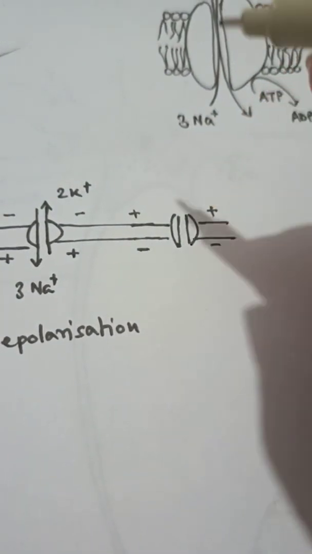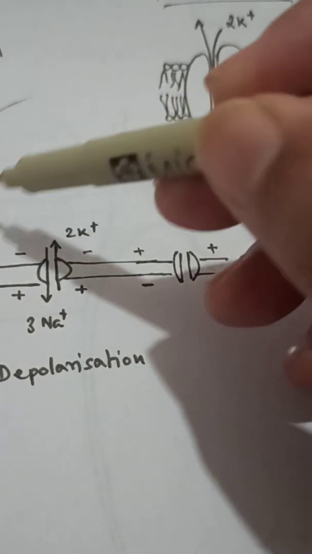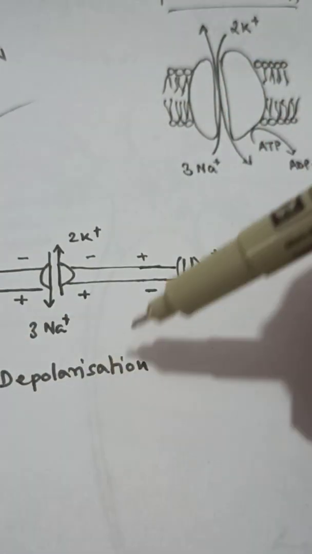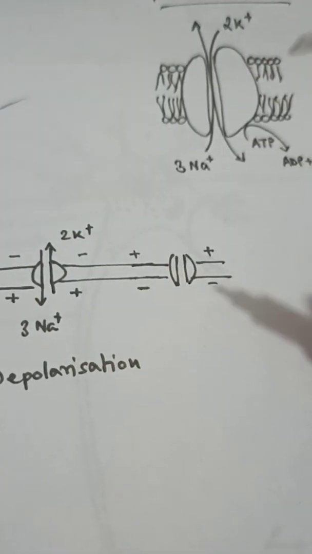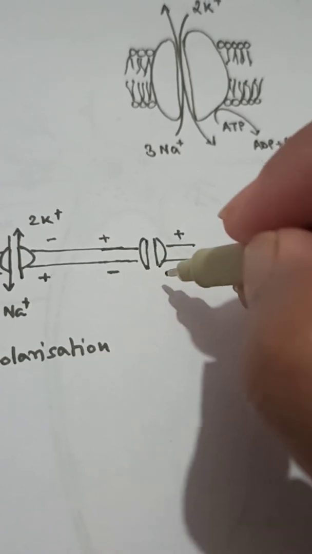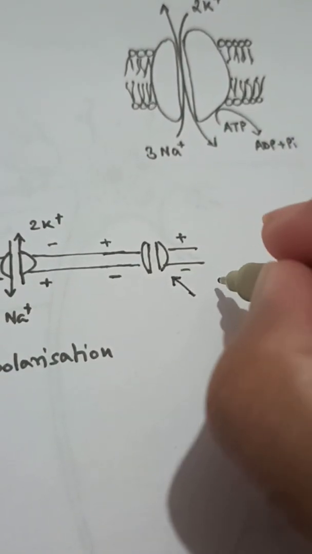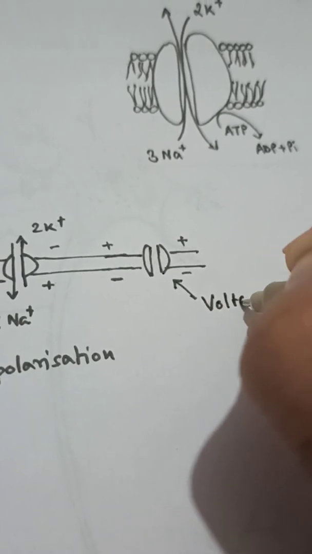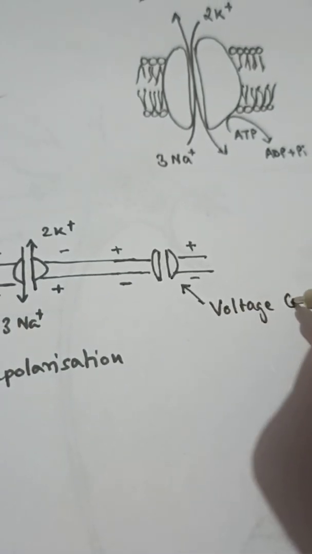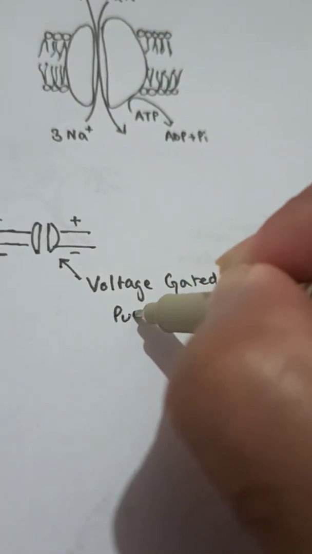Okay, because the sodium potassium pump here is not only this active or mechanical type of pump, there are also varieties of them present, of which this particular variety is known as the voltage gated pump.